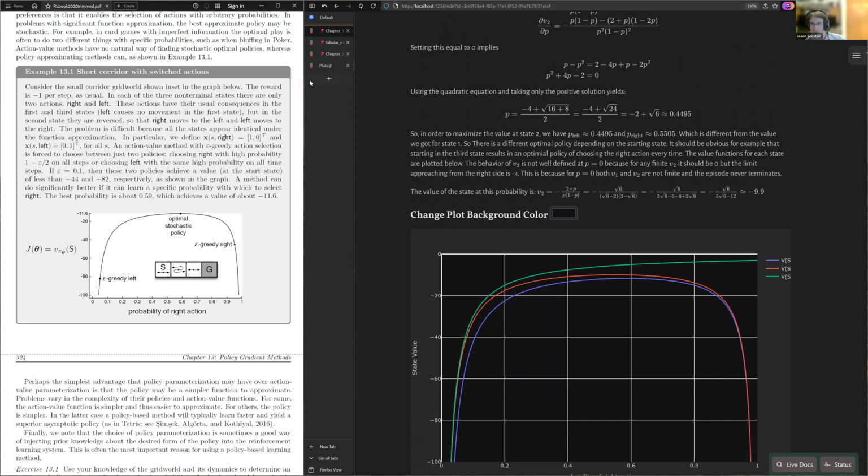The point of this example is that, under this sort of restriction of having a single policy at every state, the optimal policy is something stochastic, not deterministic. But you can think of this little corridor as a subset of a larger problem where, in general, our function's not going to be able to distinguish every state.